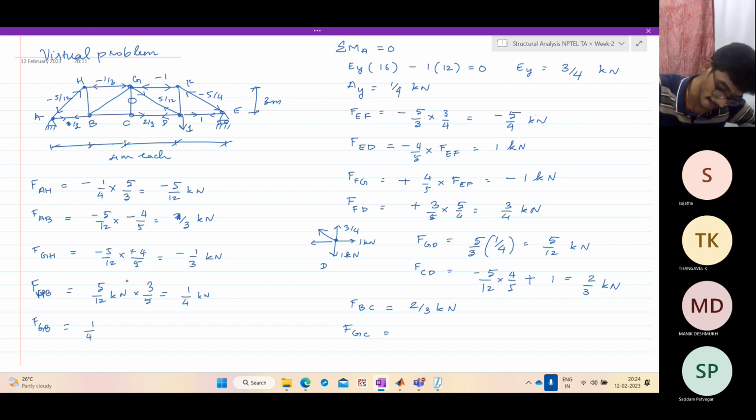So this is tensile. FFD is also tensile, 3/4. This is tensile 1/4. So FGB is 1/4 into minus 5/3, which is minus 5/12.